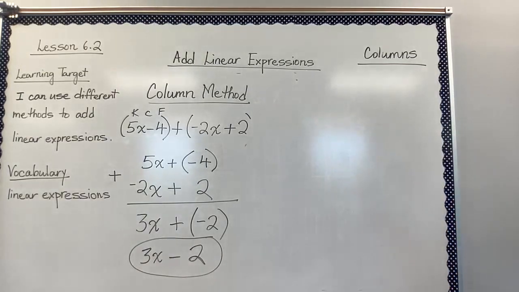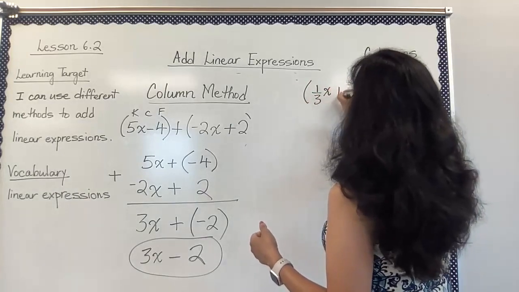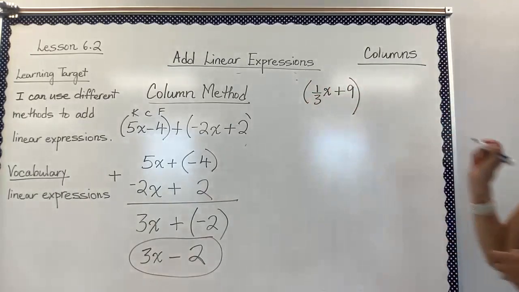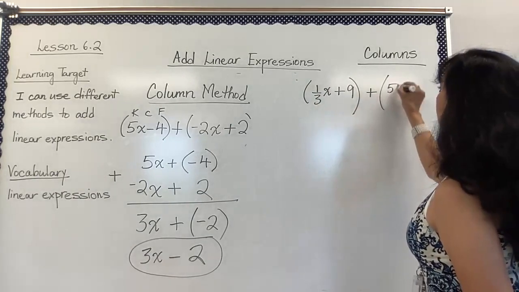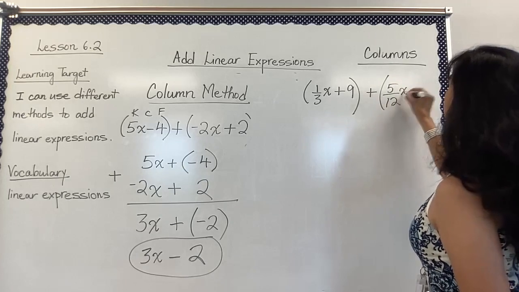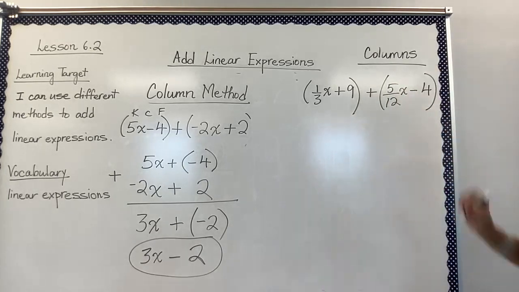If I say 1/3 x plus 9 plus 5/12 x minus 4. So here are my terms. We're going to write the original expression, and we are going to rewrite subtraction as addition.